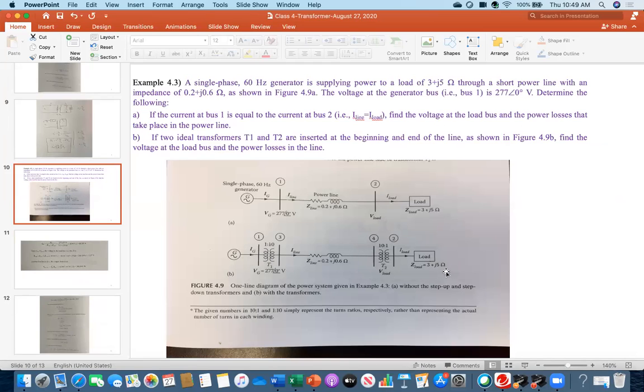I have a load, I have a transformer. I want to transfer this load impedance referred to the primary side. This means I will calculate what would be the value of this load if I transfer it here. So I will be using the turns ratio. Everybody remember 10 to 1. This means primary side 10, secondary side 1.